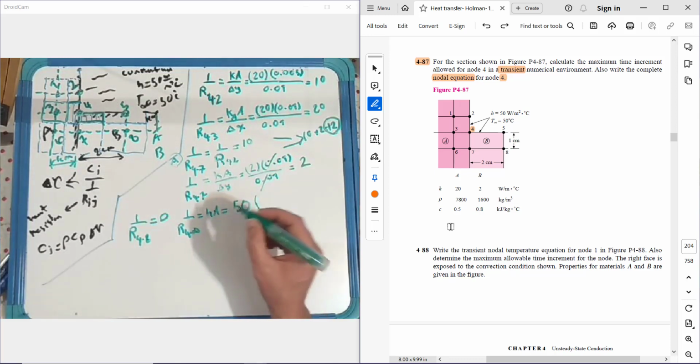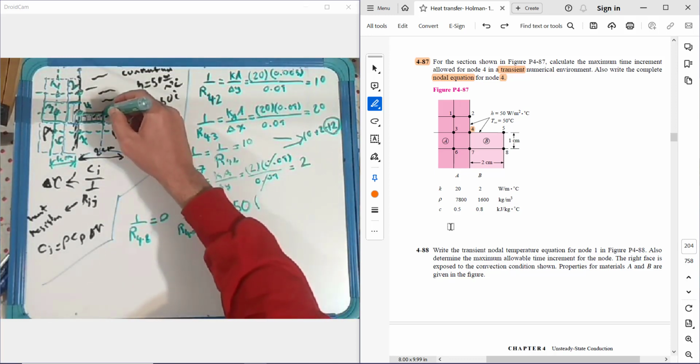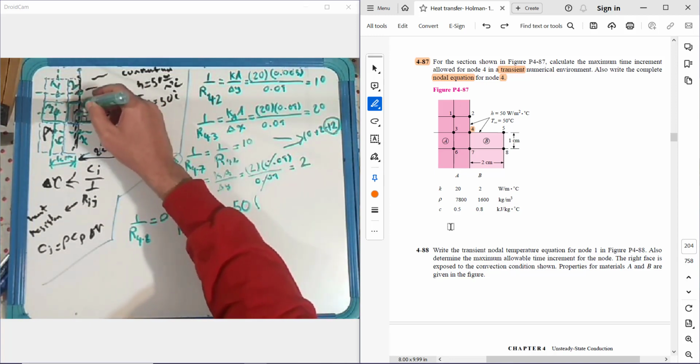And A, what is A? We should add these to A, okay?